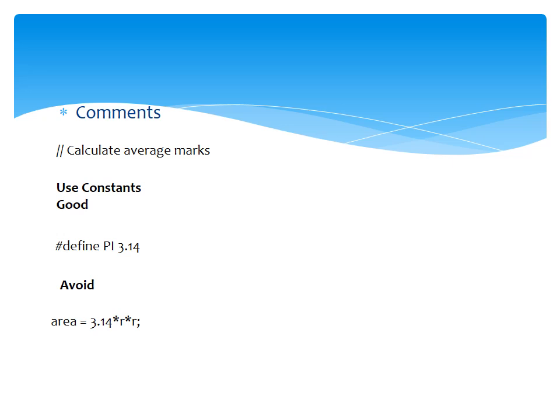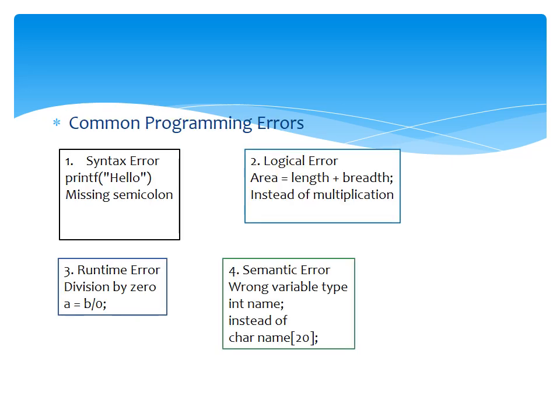Instead, if you write area is equal to 3.14 into r square, this should be avoided. Instead you can use PI. Remember, the way you write the program is very important. Though poor style will not stop your program from running, your way of writing will not be good.